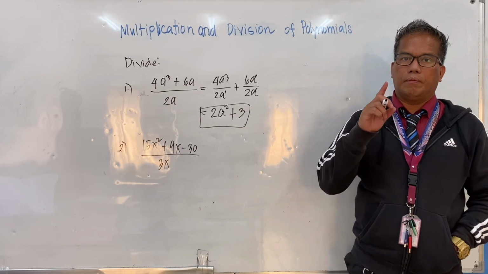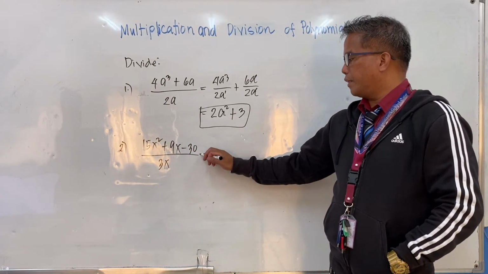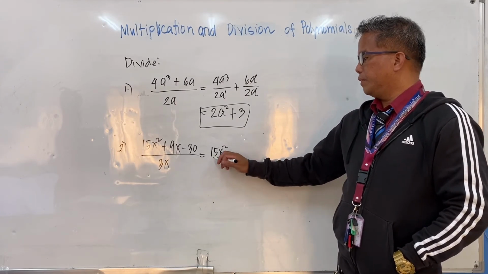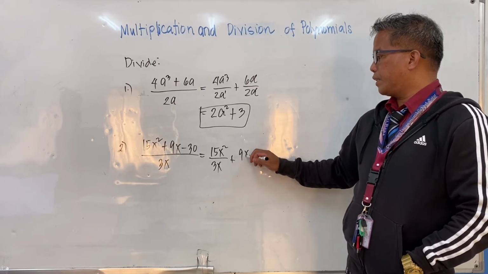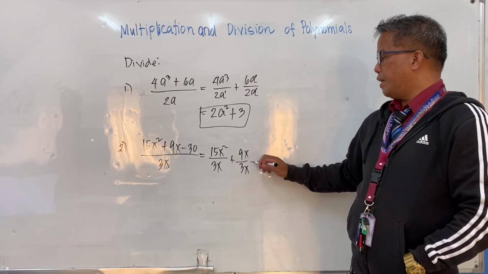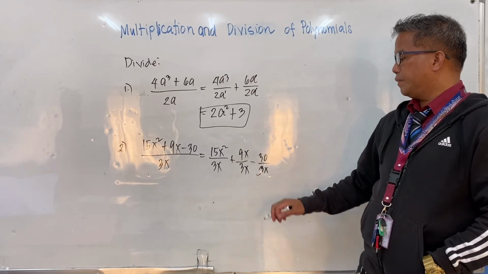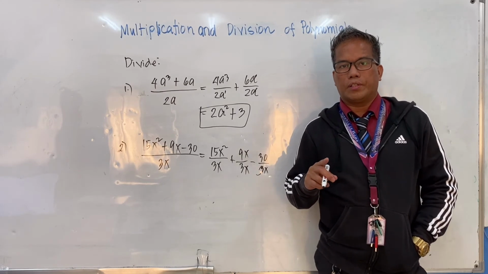So again, we have a denominator of monomial. We can rewrite this as 15x squared over 3x plus 9x over 3x, then minus 30 over 3x. Then after that, do the division.